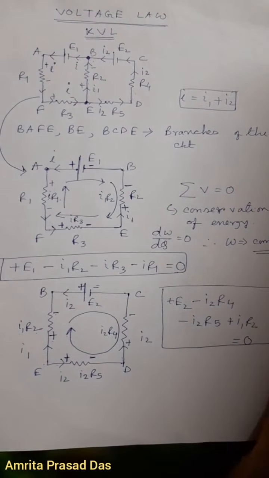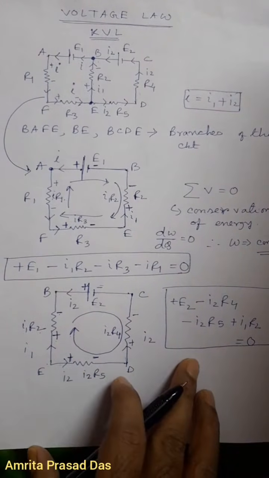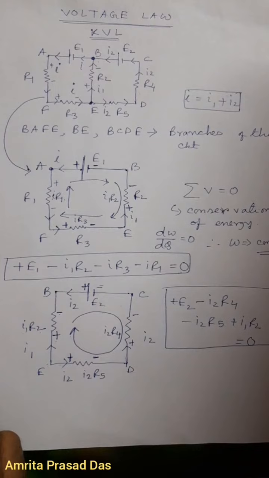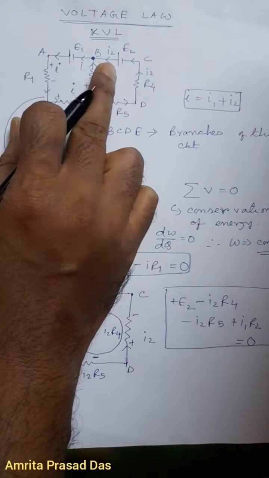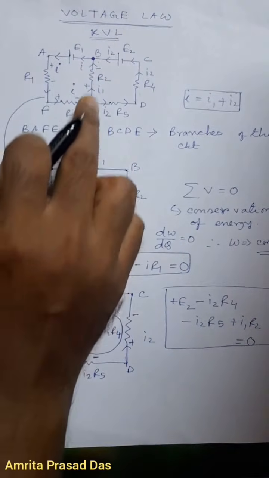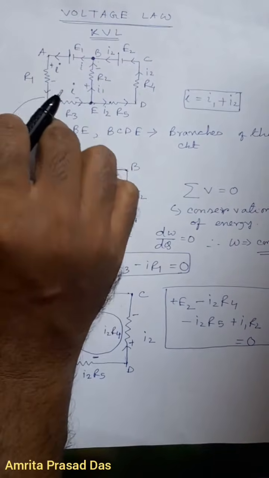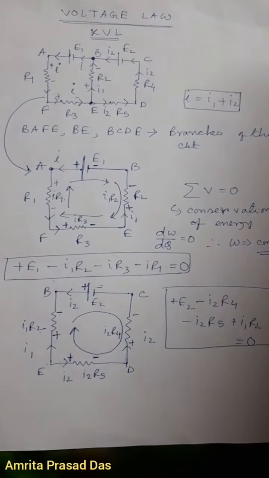So first you have to divide the current logically. Logic means in the junction the current will be divided, and in a particular branch a single current flows through all parts of the branch. It is not possible that different amounts of current are flowing in different segments of the branch.